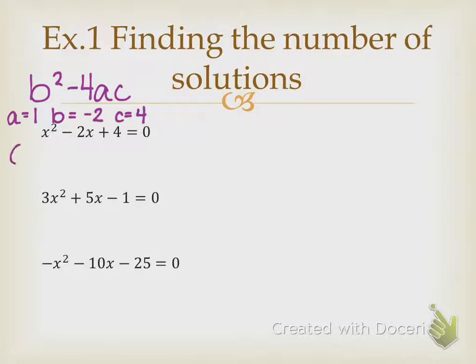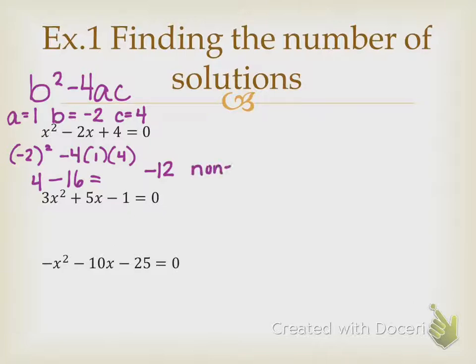So I have negative 2 squared minus 4 times 1 times 4. What is negative 2 squared? Positive 4. Am I going to have an addition or subtraction problem? Subtraction. 4 times 1 is 4 times 4 is 16. 4 minus 16 is negative 12. Because I have a negative number, how many solutions do I have?